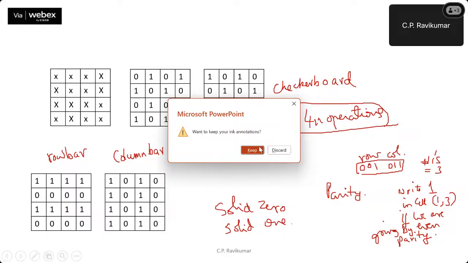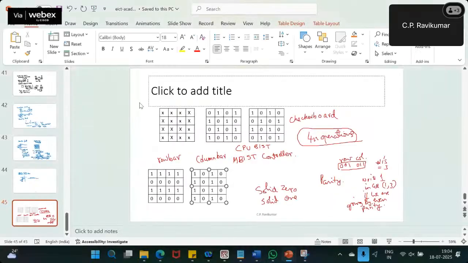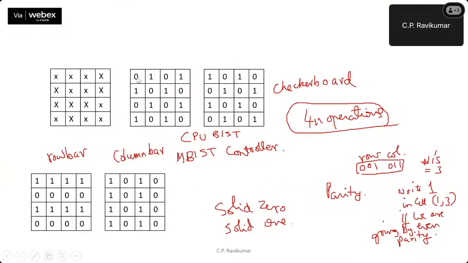There are patterns which are more complex. You may have realized by now that these patterns may not uncover so many faults. Because we are writing both a 0 and 1, stuck-at faults are easy to detect. Maybe some coupling faults can be uncovered, because I wrote a 0 in this cell and then I wrote a 1 in this cell.